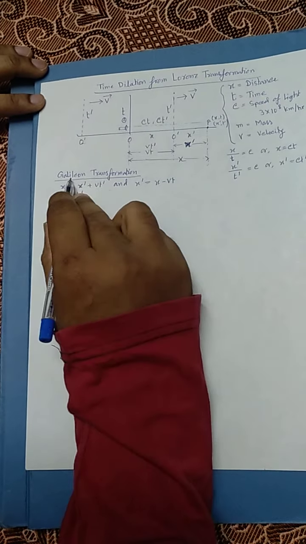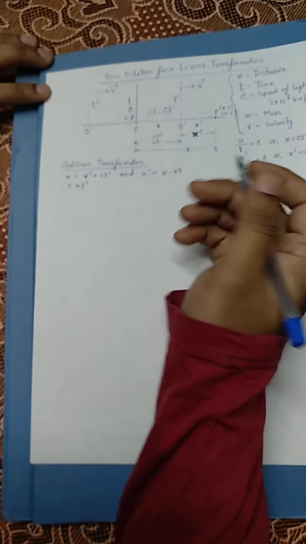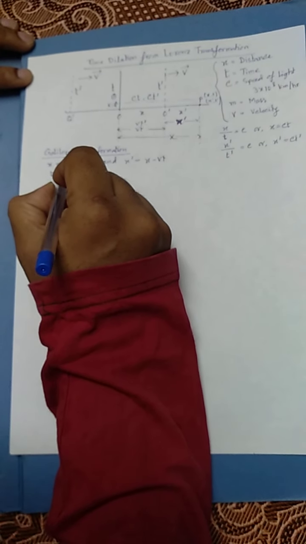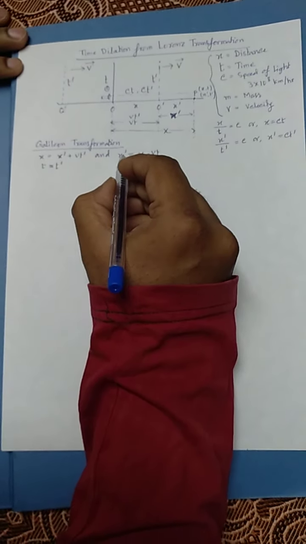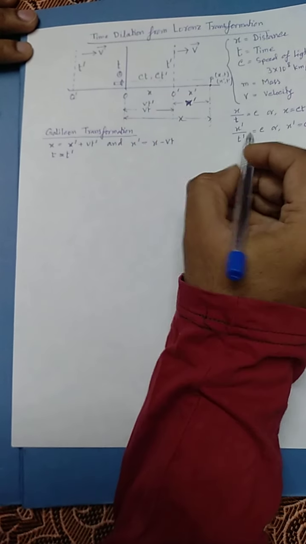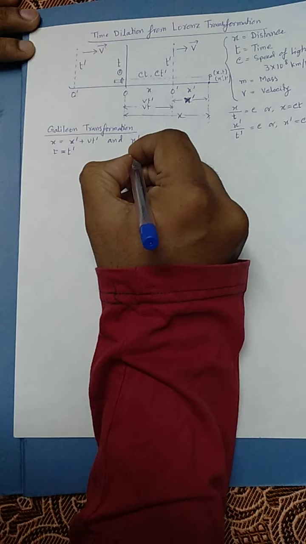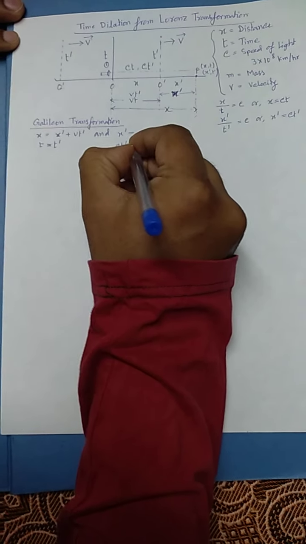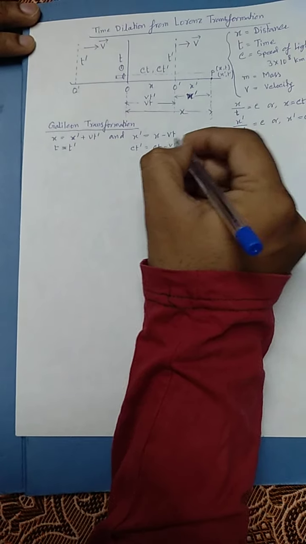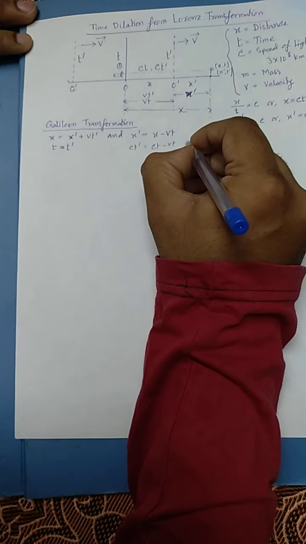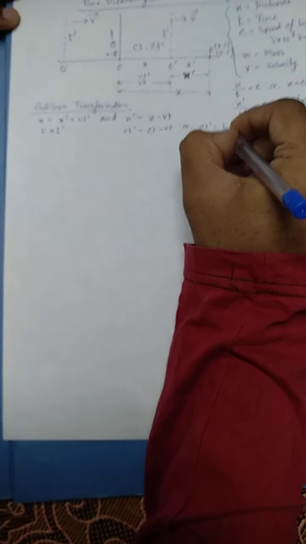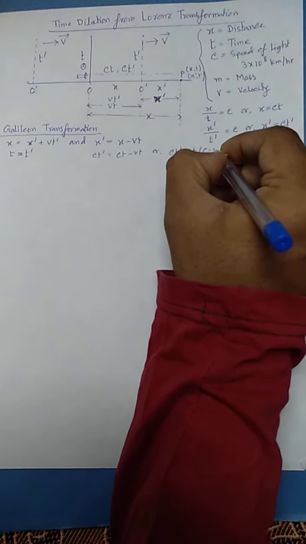Now the problem in the Galilean transformation is this: if we assume that t is equal to t prime, then I put x prime is equal to ct prime here, and x is equal to ct minus vt. Obviously, if I take t as common, ct prime is equal to t into c minus v.